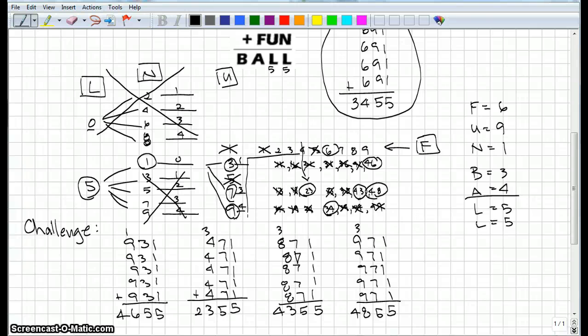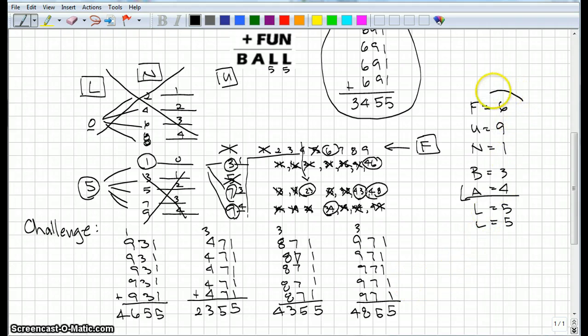And luckily, it still had a solution, and it had a unique solution for A equals 4. So thank goodness for that. And I'll have to save the 4 times FUN equals BALL for another day, for another week. So there you go.